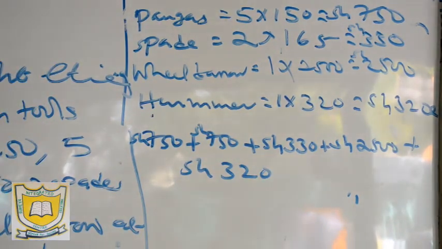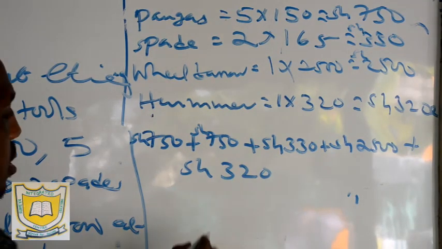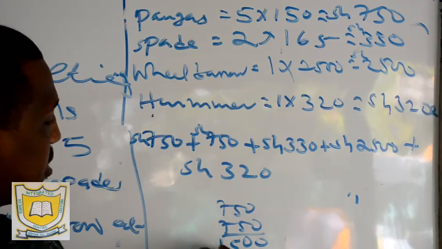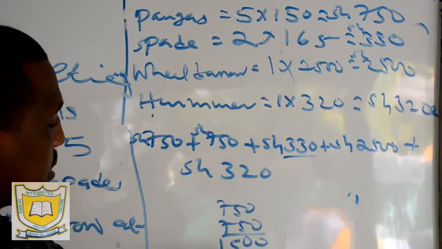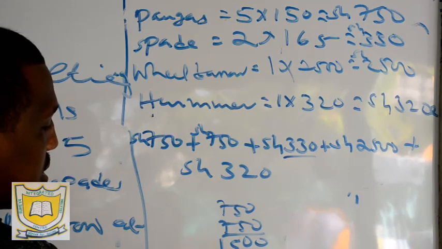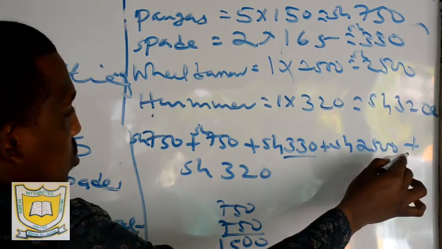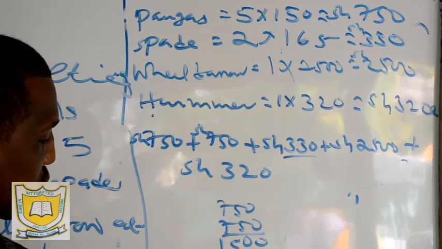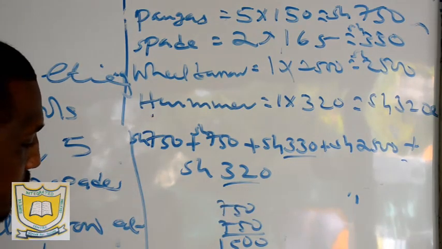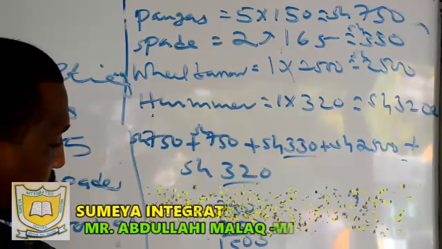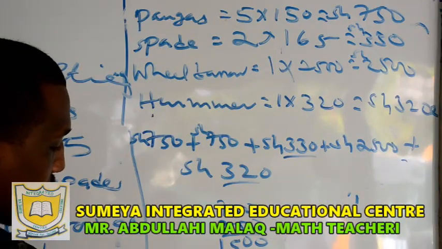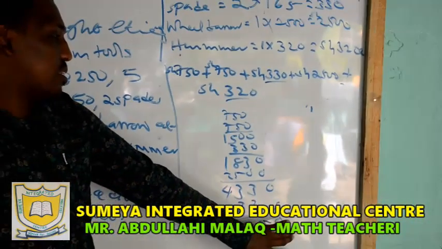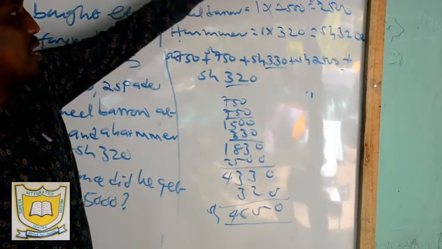We add now. 750 plus 750 is 1,500; plus 330 is 1,830; plus 2,500 is 4,330; plus 320 is 4,650. So it is shillings 4,650. That is the price used to buy the items.